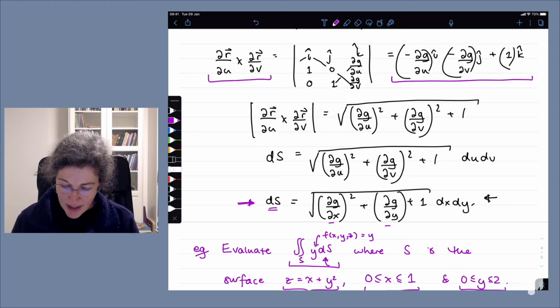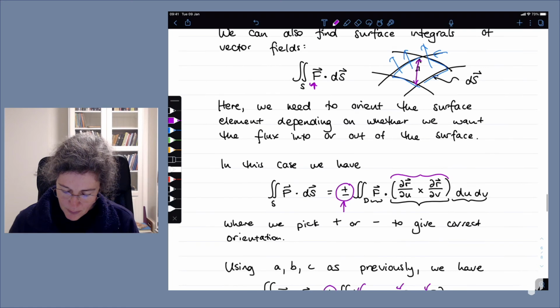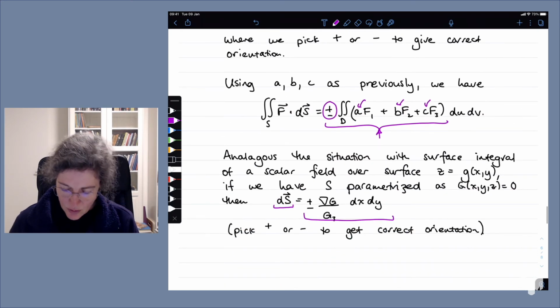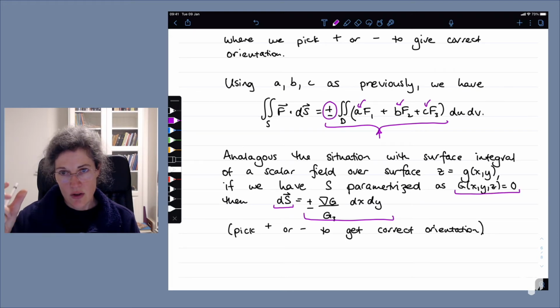The way we're working with this, we're thinking of our surface as g of x, y, z equals 0, a level surface.